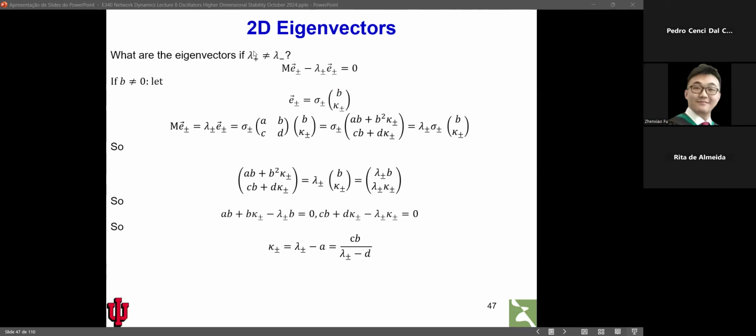So we say lambda plus is the solution with a positive sign and lambda minus the solution with a negative sign. If b is different from 0, b is this part of the matrix. If b is equal to 0, then E plus minus is sigma plus minus.